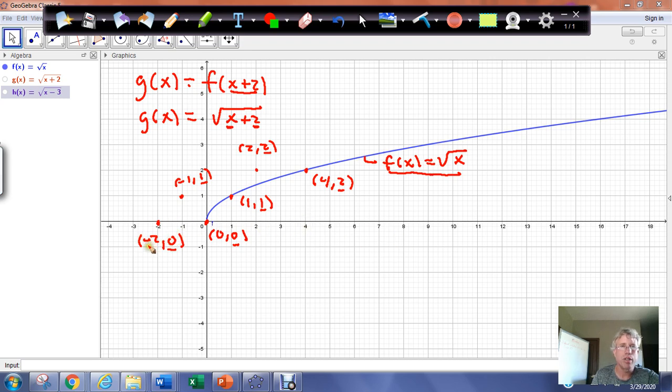As a check on your work, if you plug in -2, -2 plus 2 should give you the 0 back. -1 plus 2 gives you the 1 back. The 2, if you plug it in here, plus 2 gives you the 4 back. And then once you get those 3 nice points shifted to the left, you would freehand draw your graph through them.